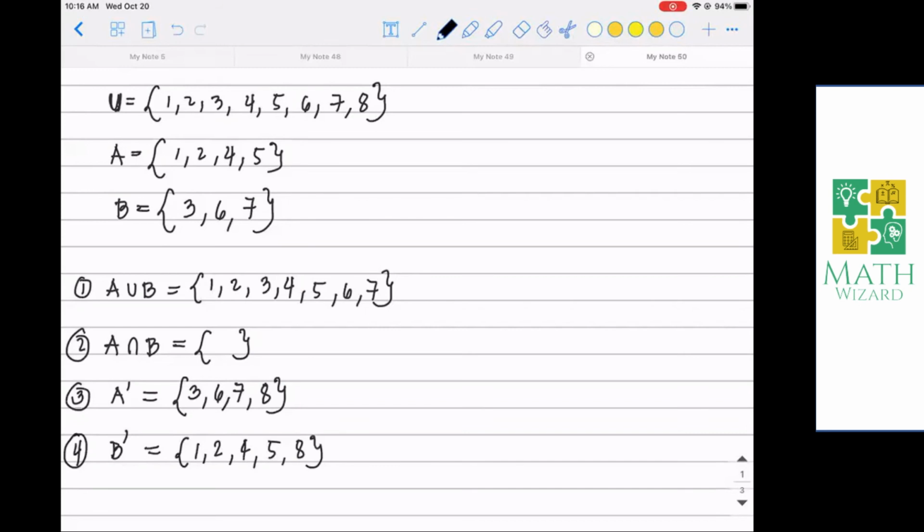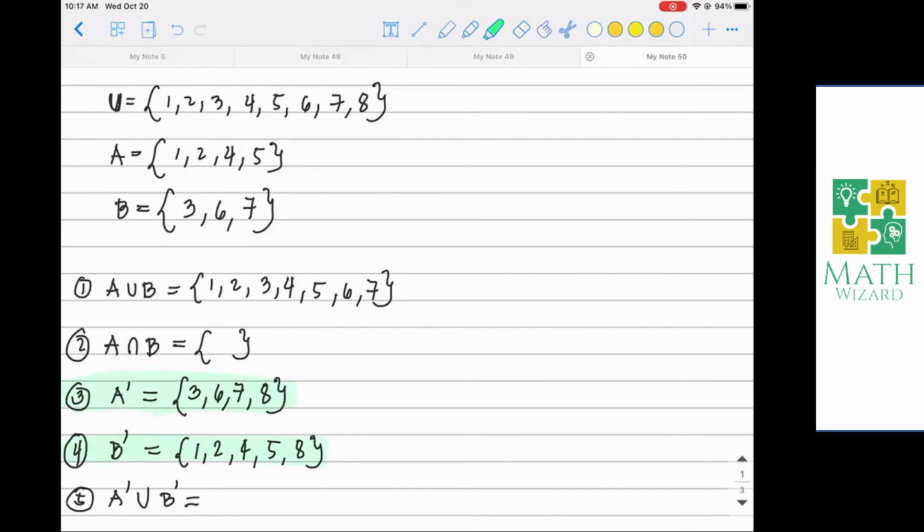Now let's have the next one. The A complement union the B complement. Dito na tayo titingin. A complement, lagyan ko ng green, and the B complement. Ano yung union nila? What's the union between the two? Kapag wala pang A complement, syempre hanapin muna natin.